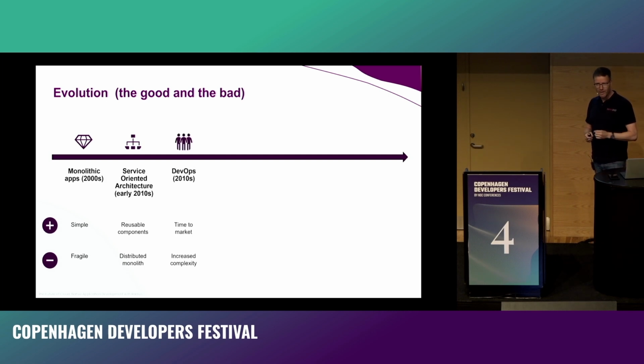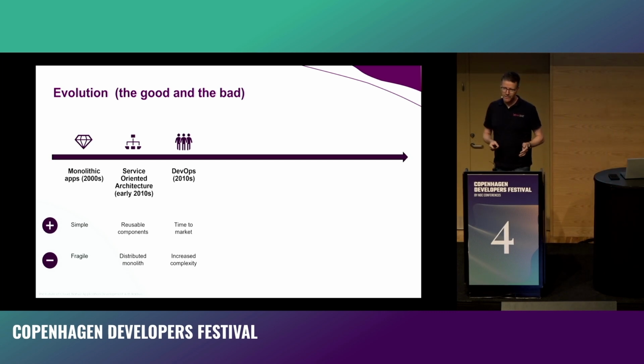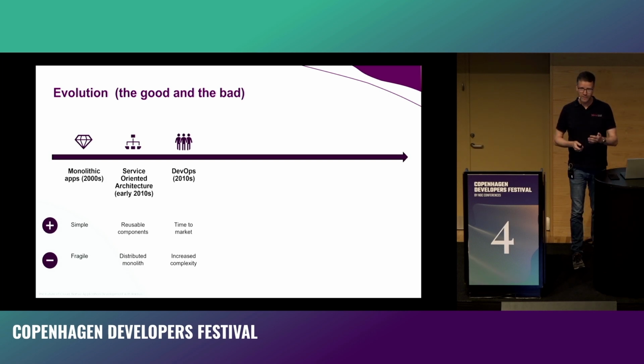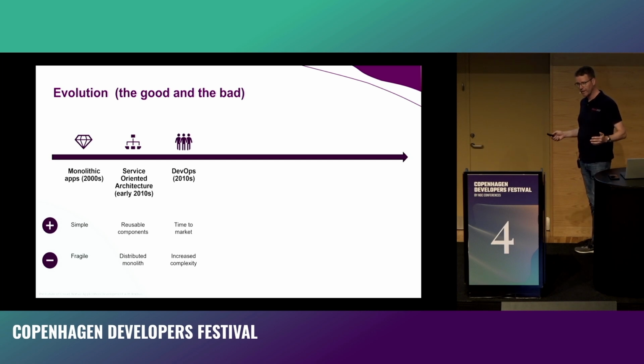About at the same time, we were starting to do DevOps, and that means cultural change within your organization. And you now, all of a sudden, as a product team, are responsible to both build your application, but also deploy it into production and start monitoring it to see if it keeps running healthy. That means additional complexity within the product team.